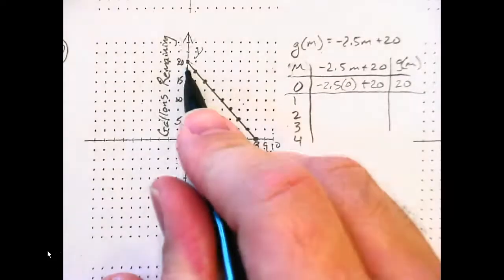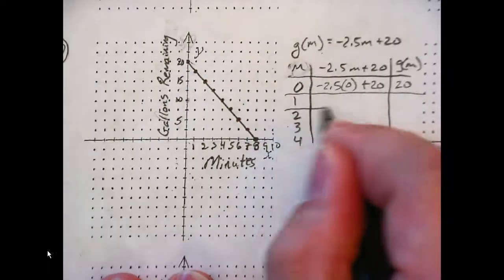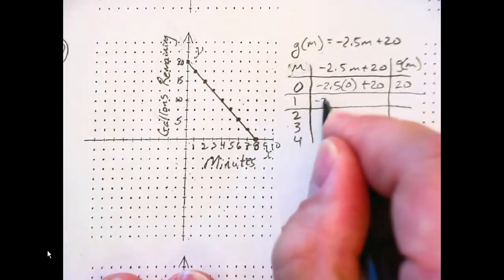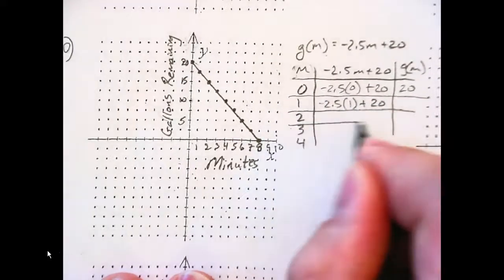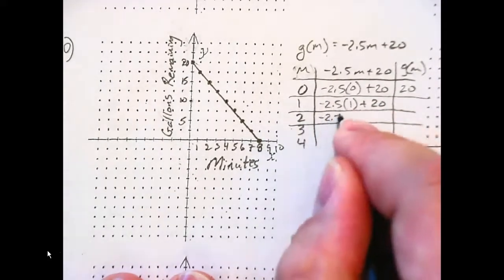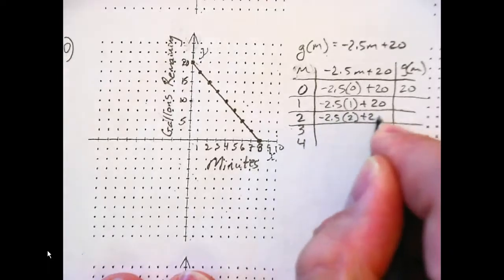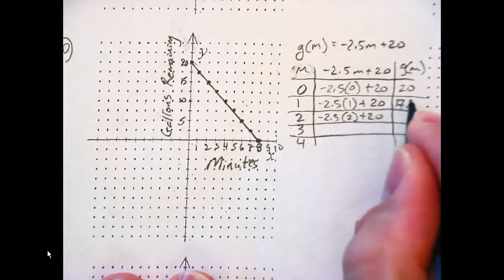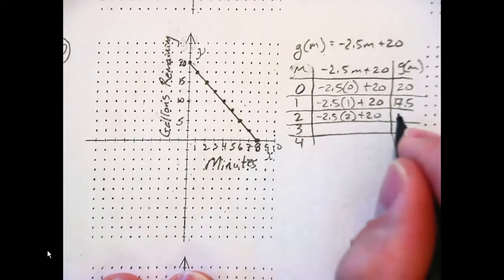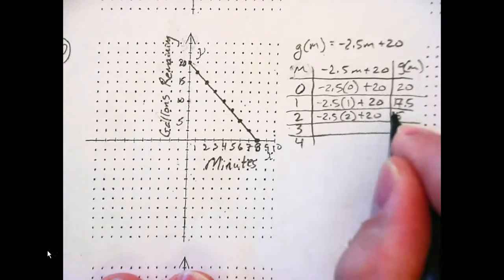That's where I get that dot there. And then I keep doing that. I get negative 2.5 times 1 plus 20. Tell your neighbor what that is. Okay, 17.5. What do we get when m is 2? 15, and then?